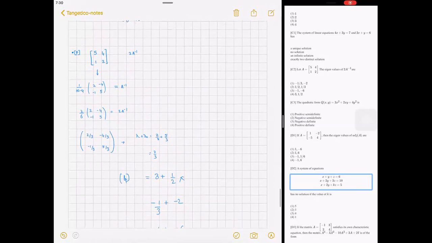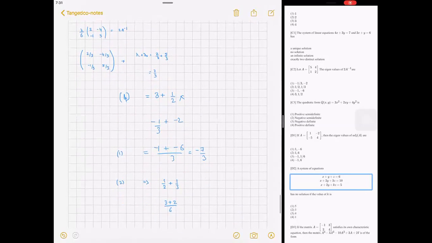So the determinant of this matrix is nothing but 5 by 3 into 2 by 3 plus 4 by 3 into 1 by 3. 10 by 9 plus 4 by 9, we get 14 by 9.